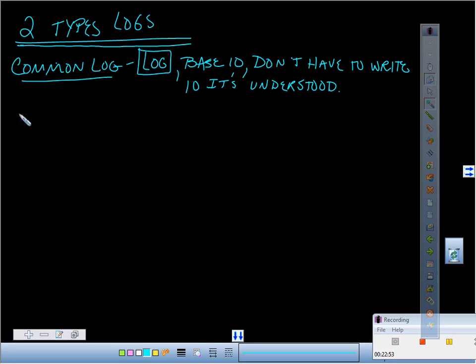The other one is called a natural log. Do y'all remember this from last year? This is the LN button on your calculator.